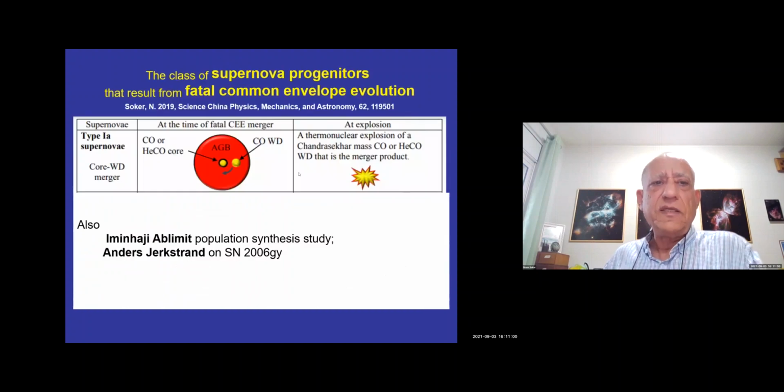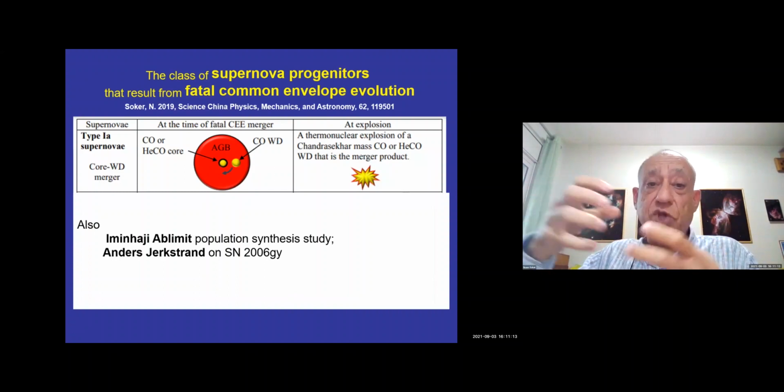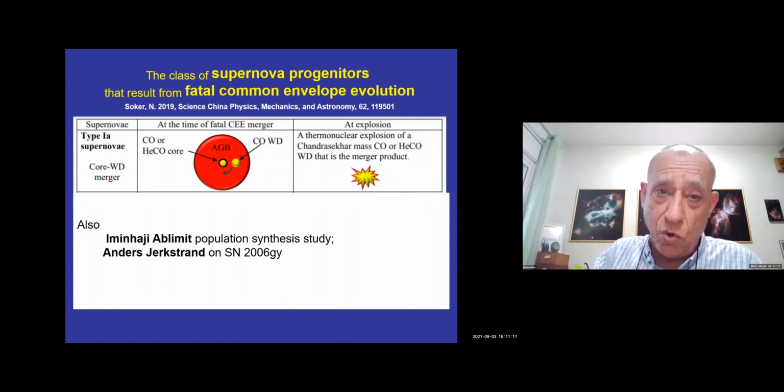So let us talk about the class of supernova progenitors that result from fatal common envelope evolution. Some people say merger, but merger is not well defined, because some people, when they say merger, mean that the companion and the giant merge. Some, when they say merger, mean that the companion and the core merge.